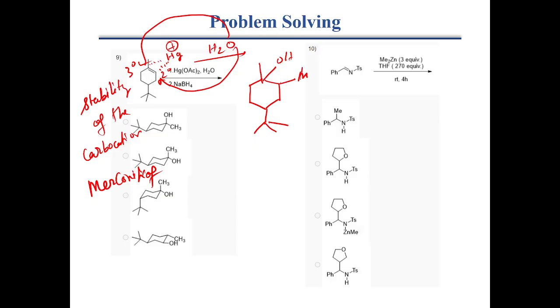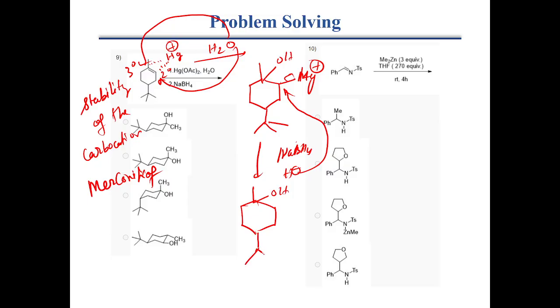So this will give OH, mercury. Now in presence of NaBH4, the hydride reacts with this center and leaves mercury. So this will give this product. Now the stereochemistry.